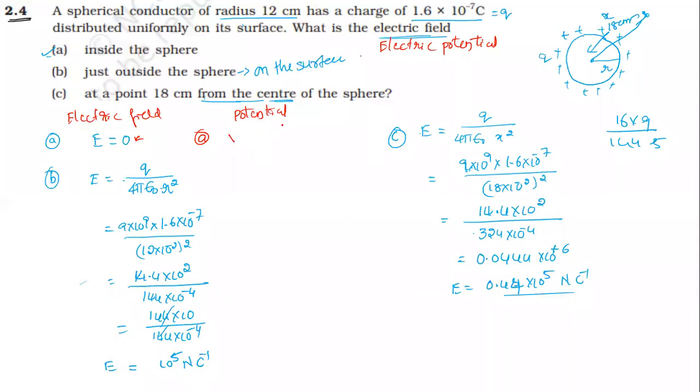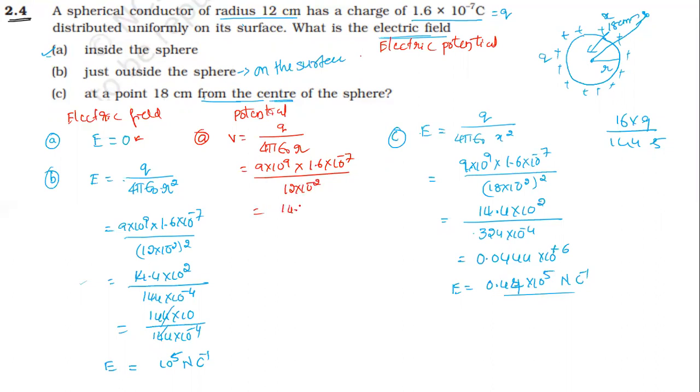So now the answer is V equal to Q divided by 4 pi epsilon naught into R. So it is 9 into 10 power 9, into Q is 1.6 into 10 power minus 7, divided by the radius, 12 centimeter given, so 12 into 10 power minus 2.